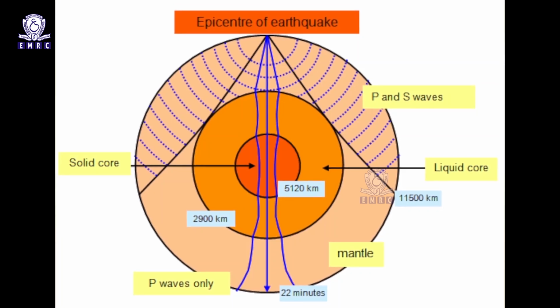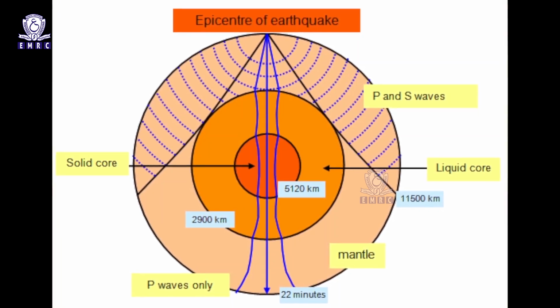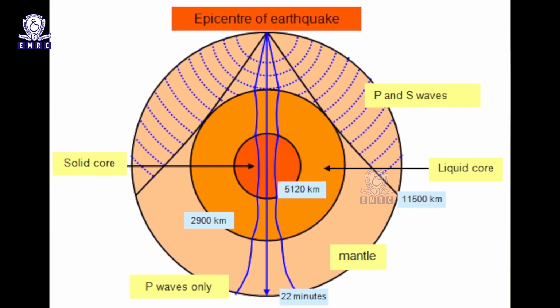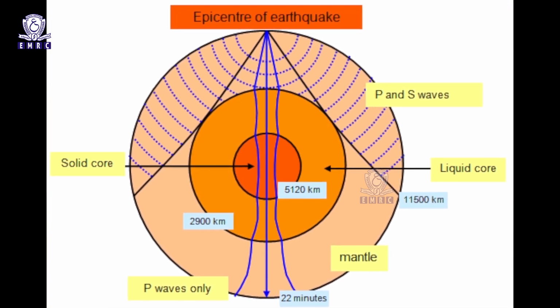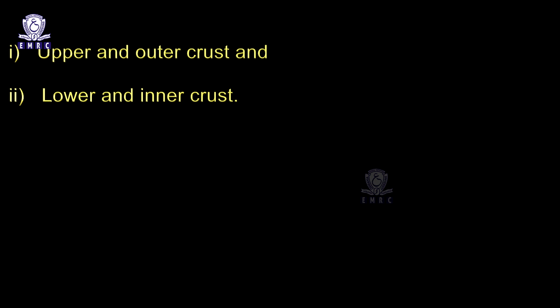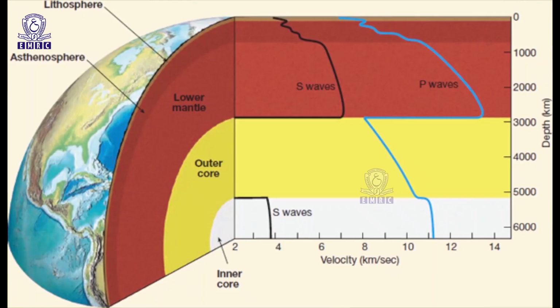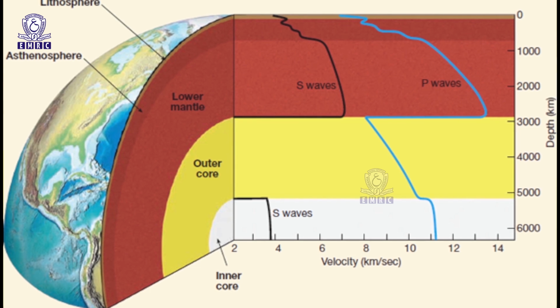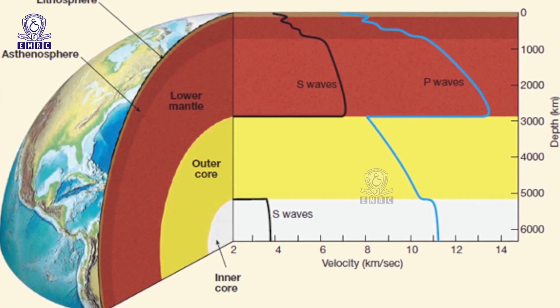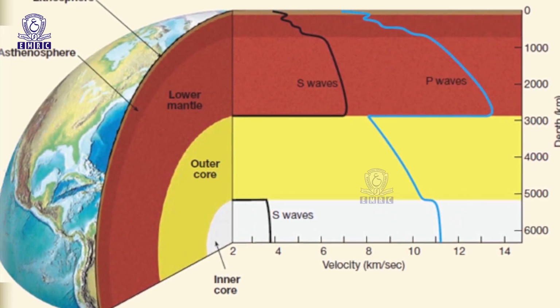On the basis of the change in the velocity of seismic waves, the crust is further divided into upper or outer crust and lower or inner crust. These two layers are separated by a discontinuity. The velocity of P waves suddenly increases in the lower crust.